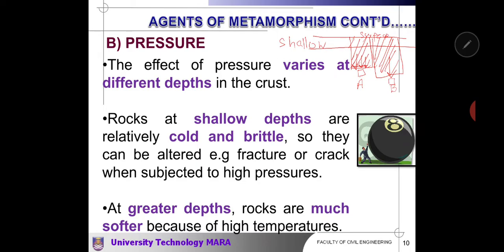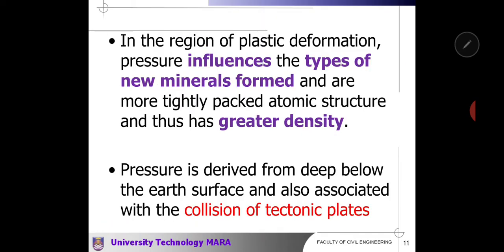So at the shallow condition, the rock is also experiencing change in form, but it is more subjected to high pressure, and it can fracture or crack. But if you go deeper inside the earth's crust, the rock is softer because the temperature softens the rock, and the change comes from more pressure put on the rock.